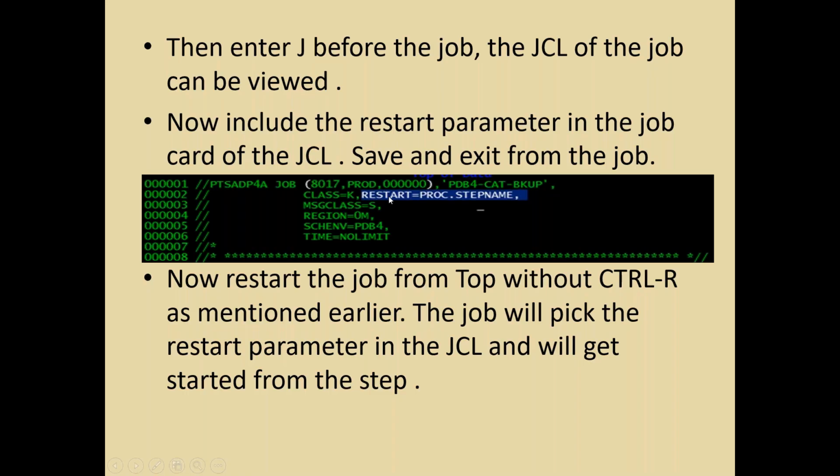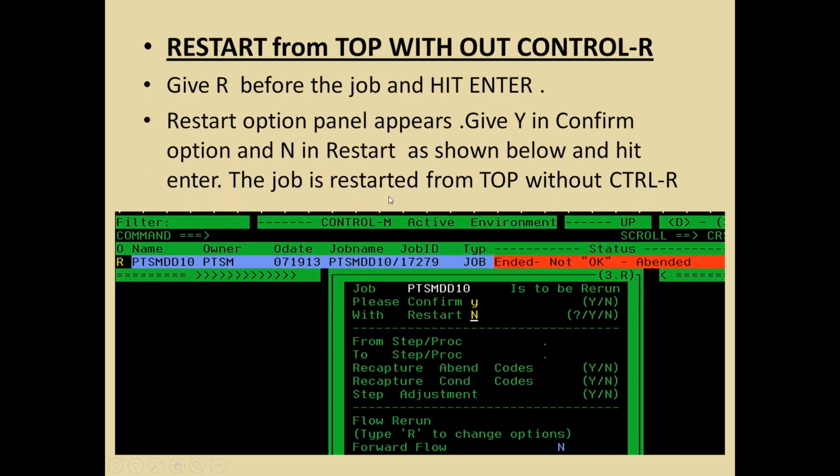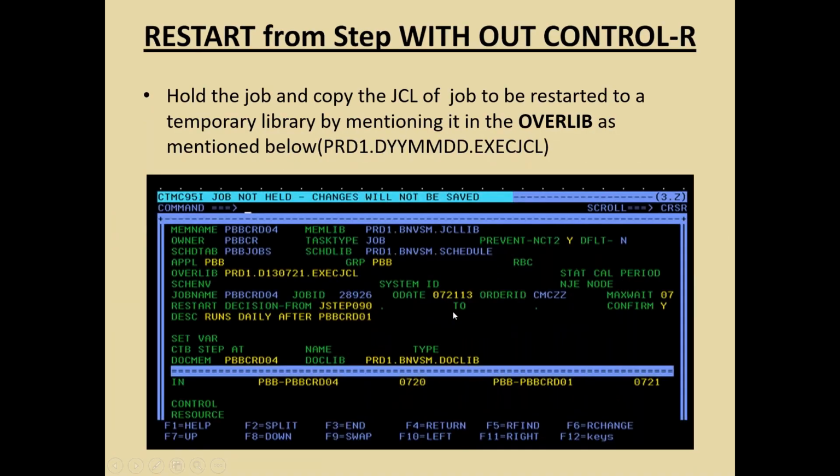So see, this is restart without Control-M, that is, without using this panel Y comma N. How you will do it is, the JCL which you want to restart, you copy it in a temporary library, and that library you place in place of your application override library.